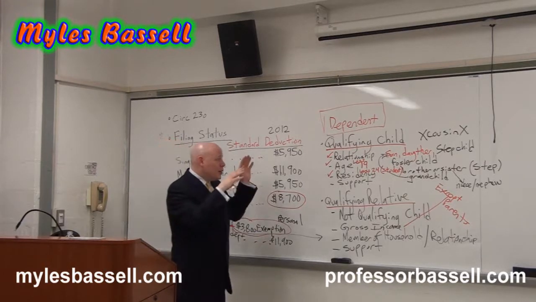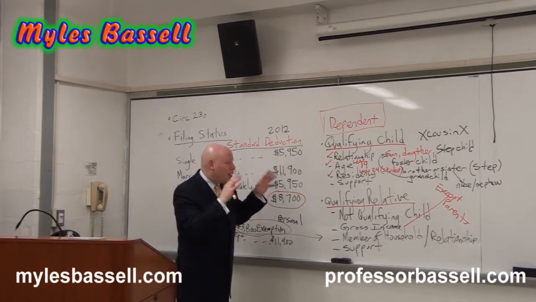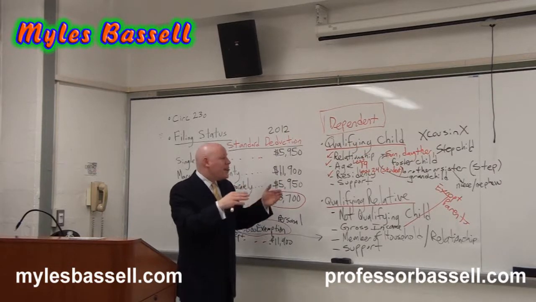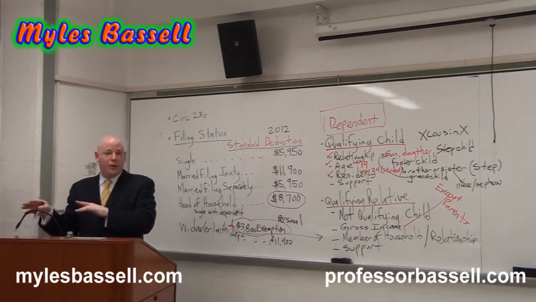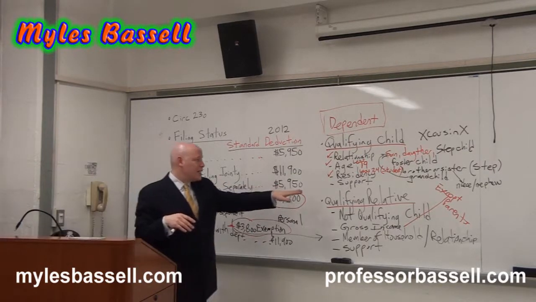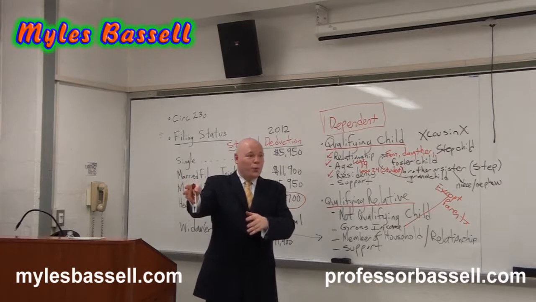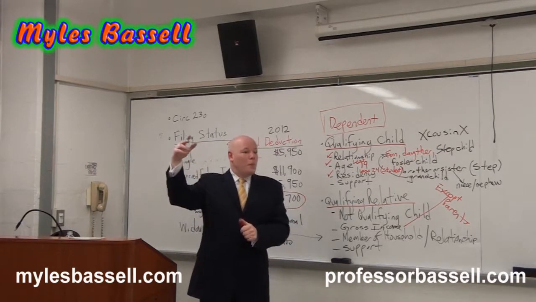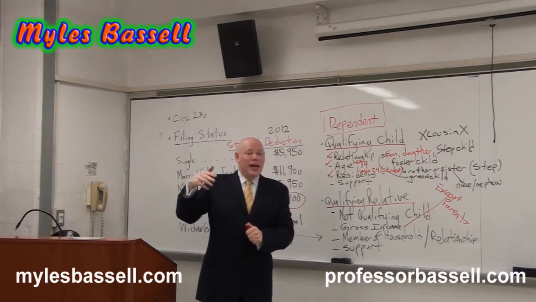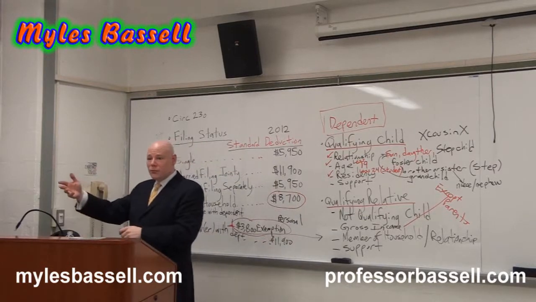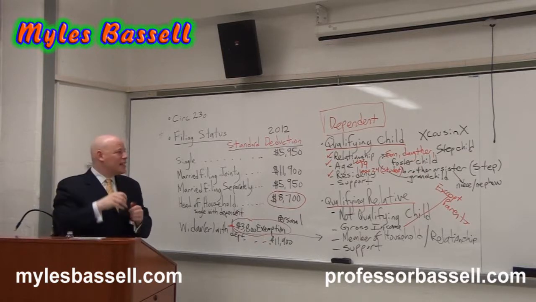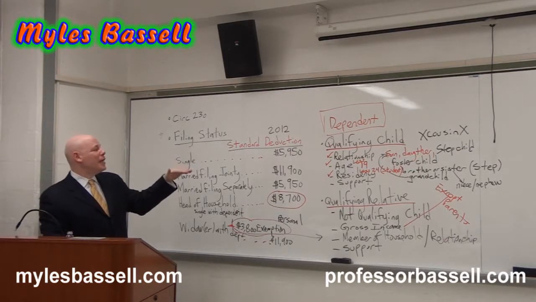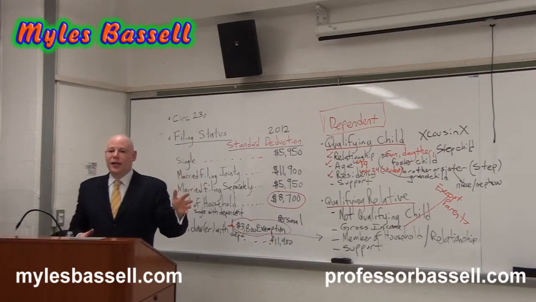The criteria doesn't say that we provide more than half their support, or that we provide half their support. You see where I'm going with that? The code is defining what it means to be a qualifying child. And one of the tests is the support test.